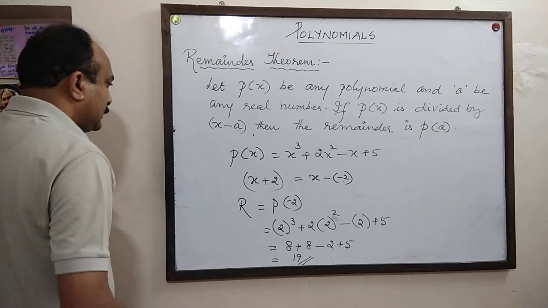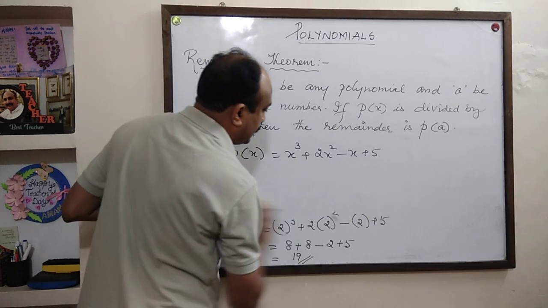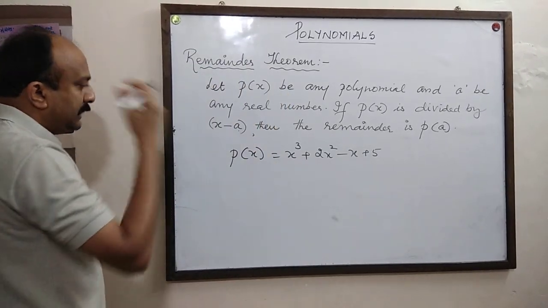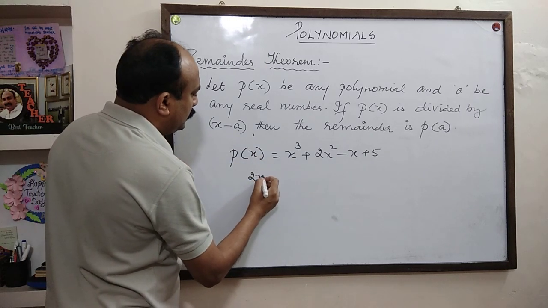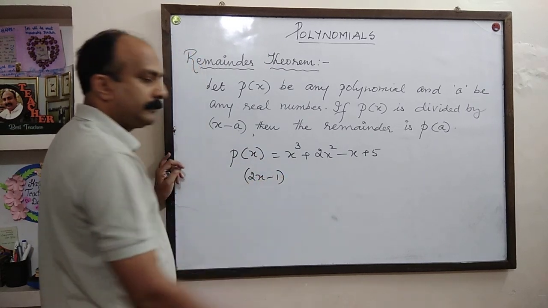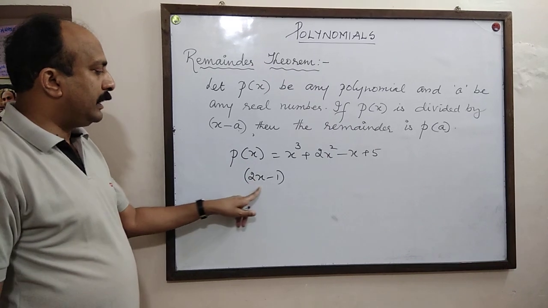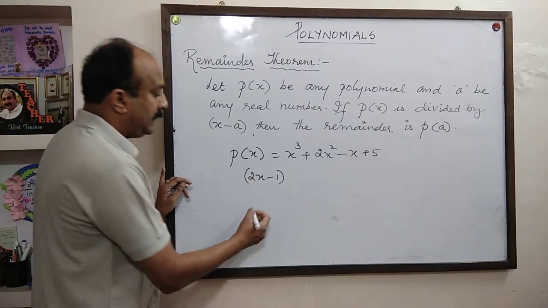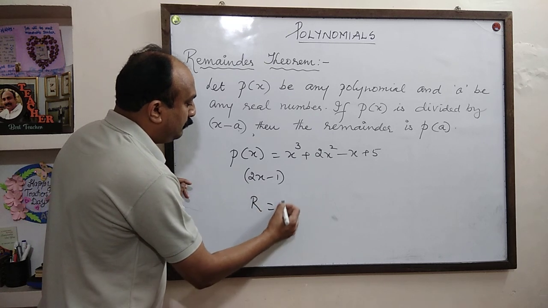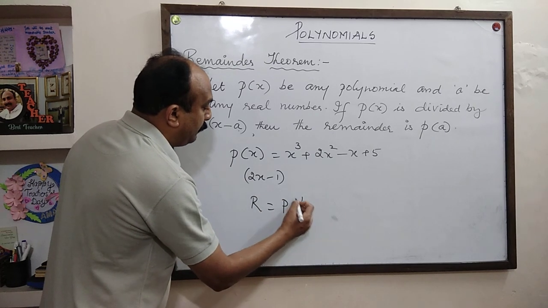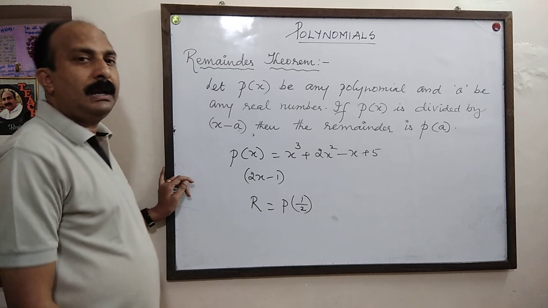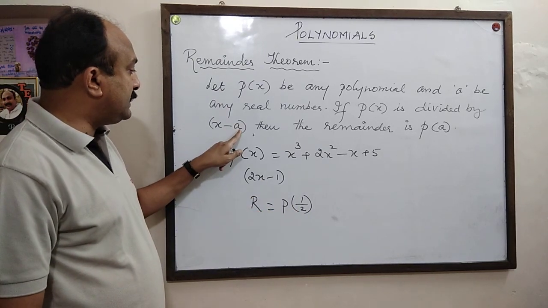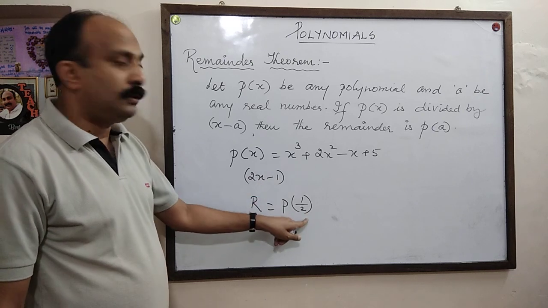Similarly, suppose this is P of x and you are asked to find the remainder when it is divided by 2x minus 1. What will be the remainder? The remainder will be P of 1 upon 2. How did you get it? If x minus a is the divisor, then the remainder is P of a.